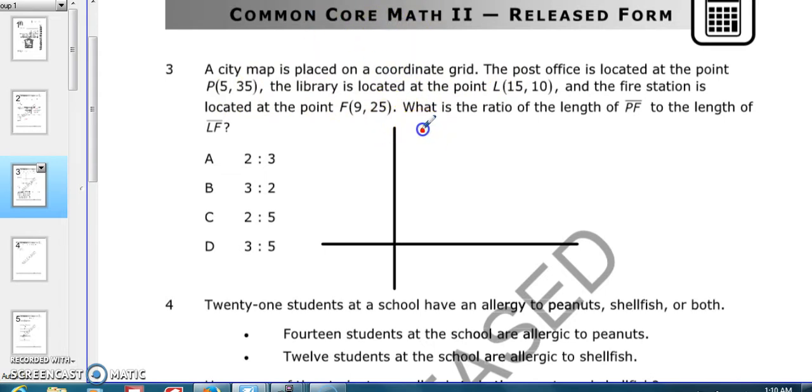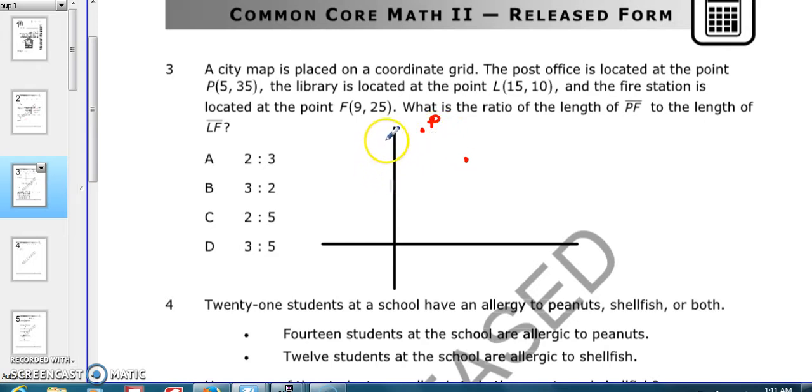Let's say we've got point P up here at (5, 35), and then we have point F at (9, 25). So from 5 we go over a little bit to 9, and 25 is down a little bit from 35, so it'd be maybe about there.